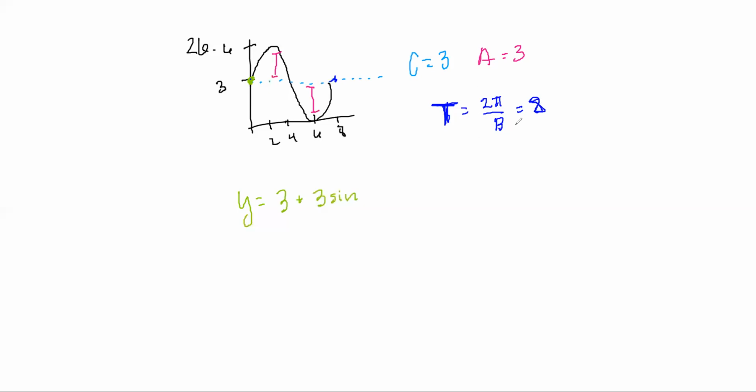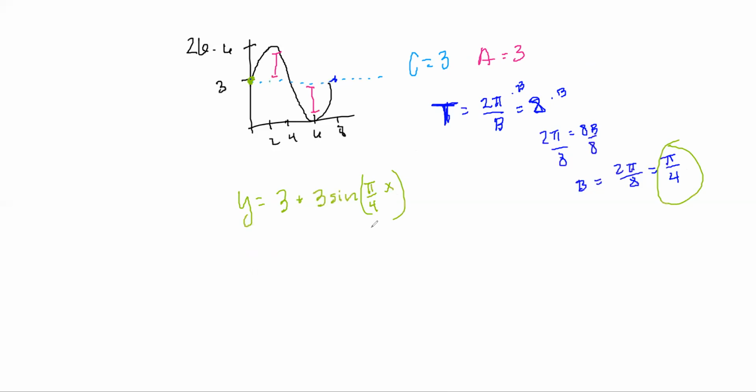I have one variable, I can solve for the variable. I'll multiply both sides by b. 2 pi is equal to 8b, divide by 8. So b is equal to 2 pi over 8, or b is equal to pi over 4. So then I'm going to put that in there. This is pi over 4 x. And voila, it's a function pulled from this graph.